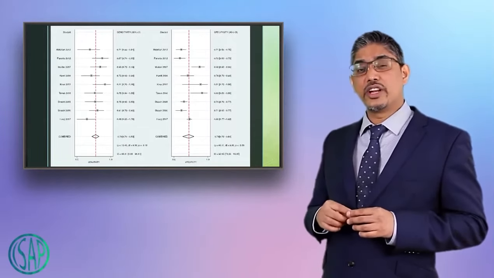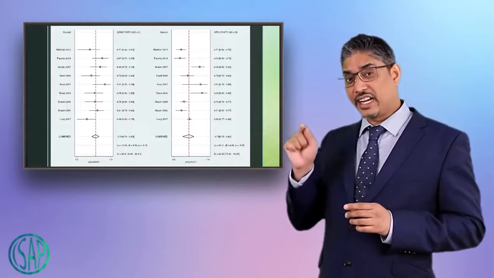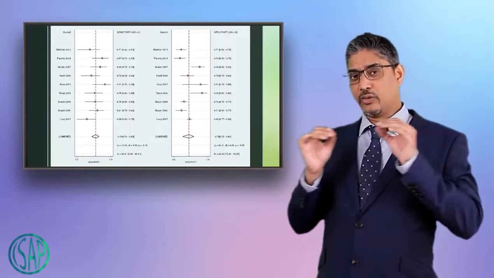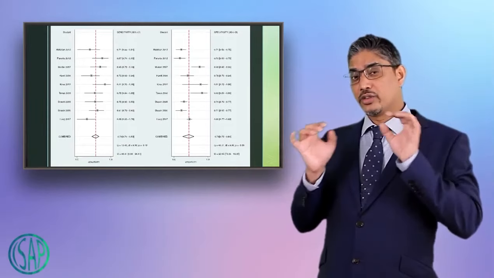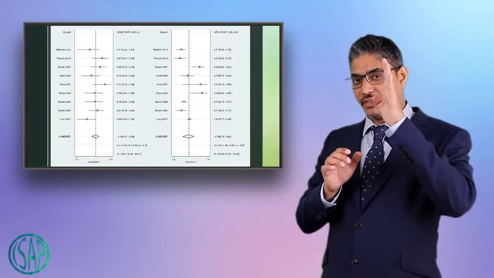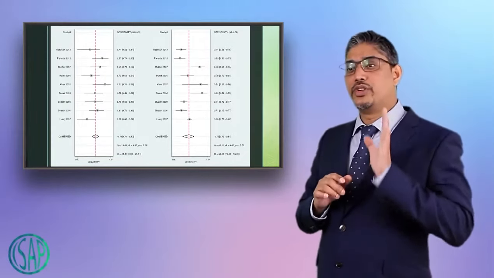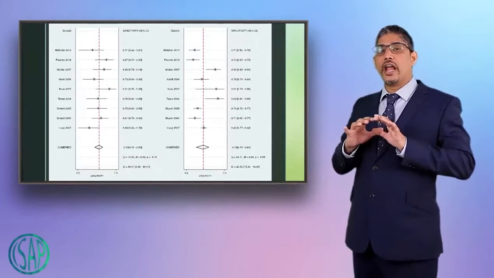Each study also has its own line, a rectangle with a line. The longer the line of a study, the wider the confidence interval. And also look at the rectangle of each study, whether it is touching the red line. If it's touching the red line, that means it's contributing to the pooled diamond. So it tells a story.